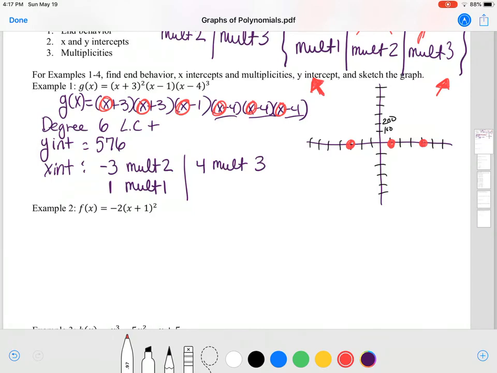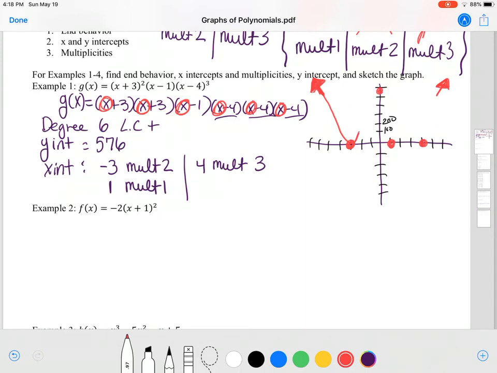So if you notice, the x-intercept at negative 3 has a multiplicity of 2. And if you scroll back up and look at the little chart I gave you, that means it's going to do a touch and turn. It's not going to actually cross over the x-axis. So it's going to start with this arrow, come down, and bounce back up. Now, because I have a y-intercept at 576, let me put that on here, that would be somewhere in here, close to 600.